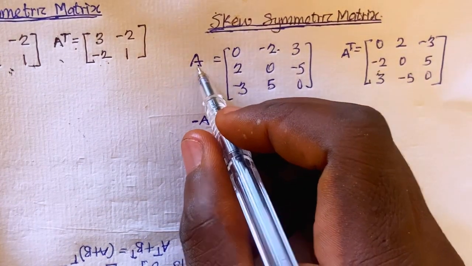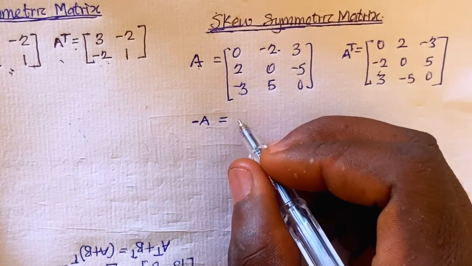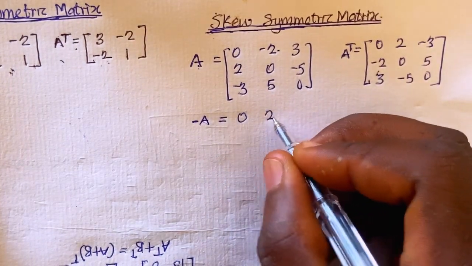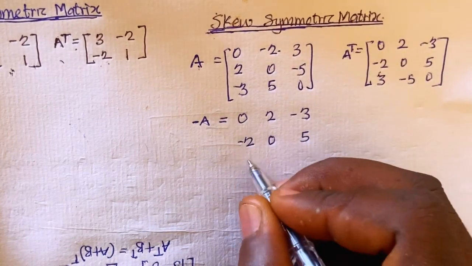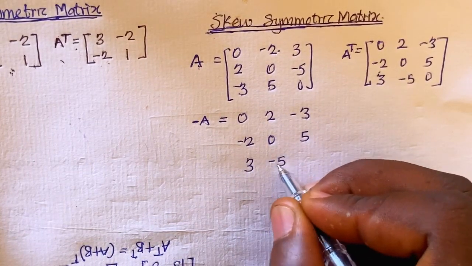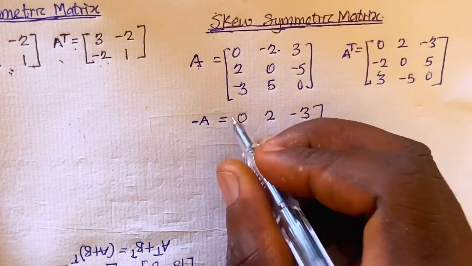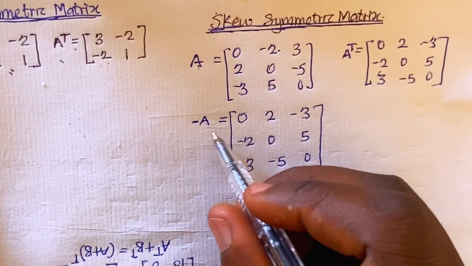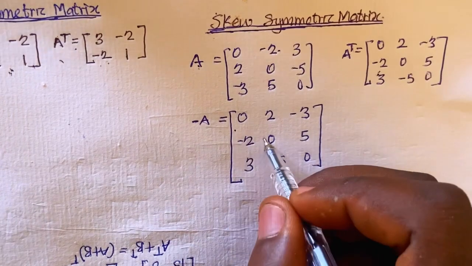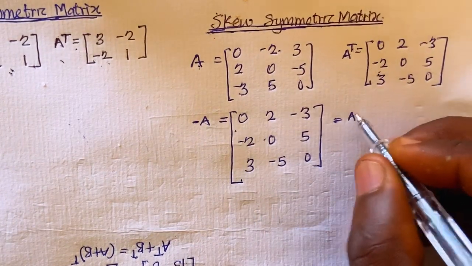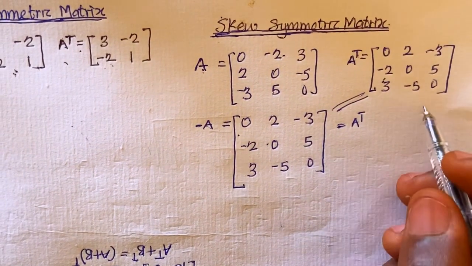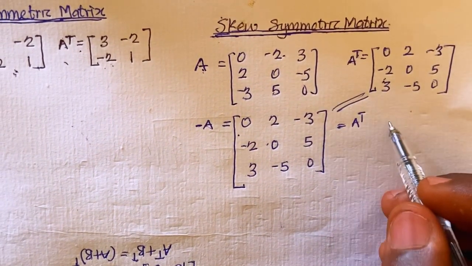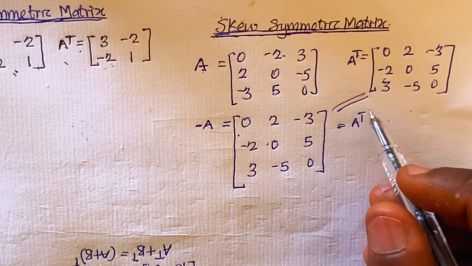Multiplying this by negative, we have 0, 2, -3, then -2, 0, 5, then 3, -5, and 0. As you can see, our negative of matrix A is equal to A transpose. Both are the same, so this indicates a skew symmetric matrix.